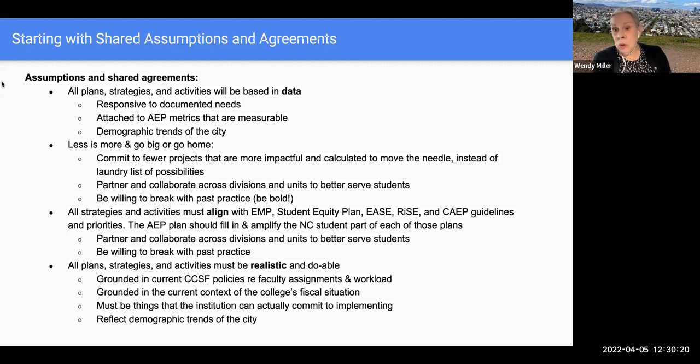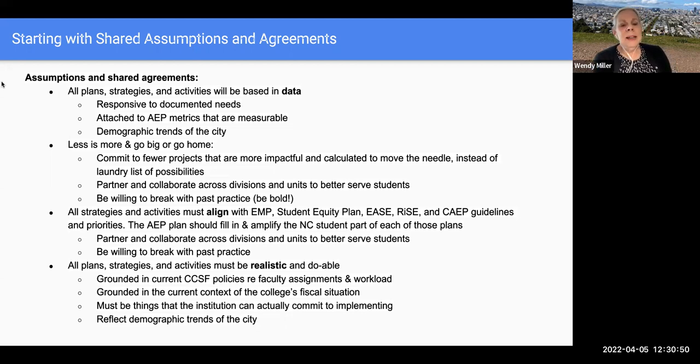And we also aligned with our strong workforce plan and a student affairs strategy action plan that is being developed right now. And again, that involved a lot of partnering across the whole college. And we thought we can use this plan to fill in the non-credit student part of all those plans, which tend to focus on credit.